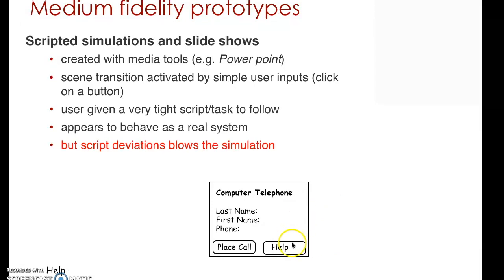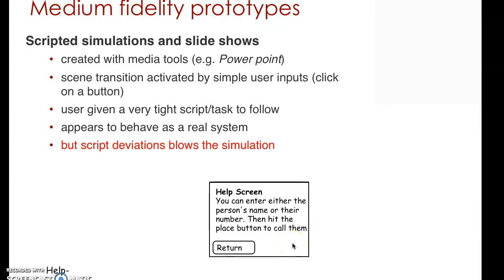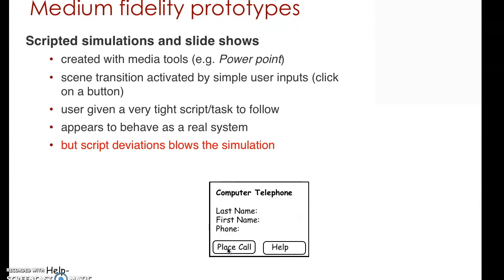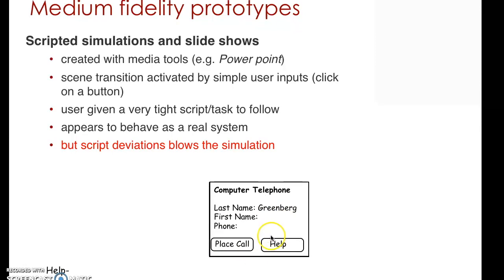Let's try. If I click help, what happens? It will show this screen, this interface. So I click return and it will show this interface. If the user clicks place call, email call to Greenberg. So this is the kind of simulation that you can make using PowerPoint for a prototype as well.